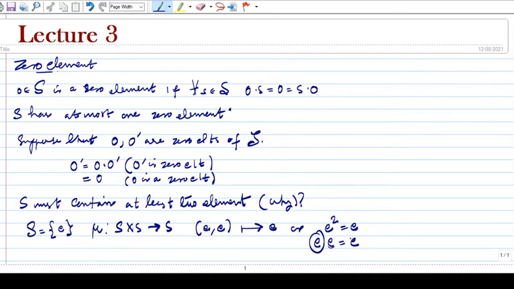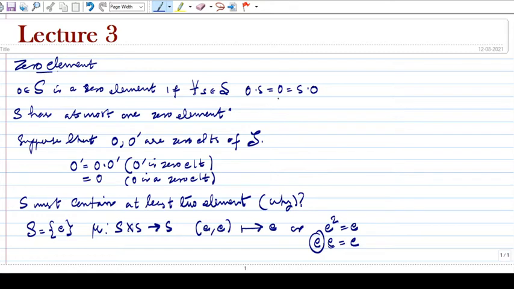That means e can also work as an identity. It is a zero because you are getting e itself, right? So you understood. This singleton semigroup contains both an identity and a zero element. So there is no point in discerning these two things from a semigroup containing one element.